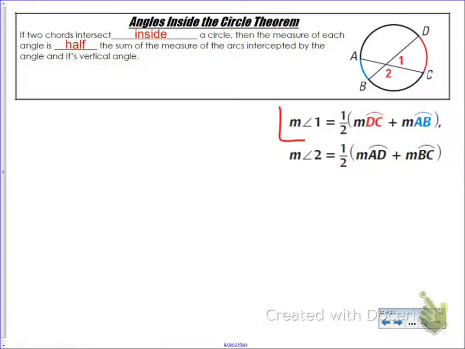So the measure of angle 1 is going to equal 1/2 arc DC plus arc AB. And if I want to talk about angle 2 right here, that's going to be 1/2 times the measure of arc AD plus the measure of arc BC.